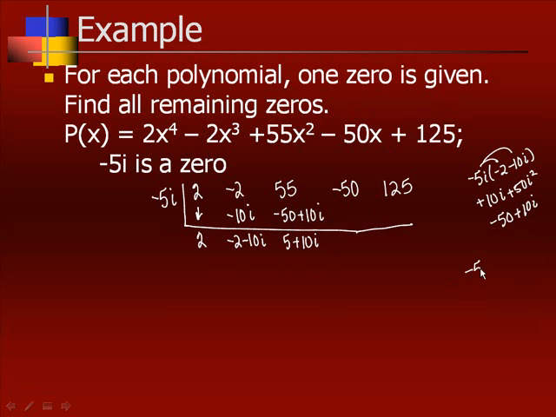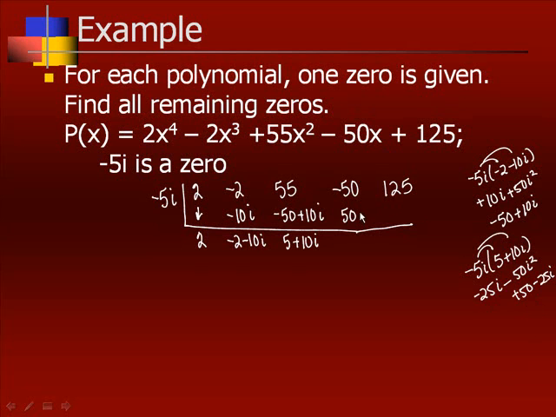Now when we multiply this time, we've got negative 5i times 5 plus 10i. So that would be negative 25i minus 50i squared, but minus 50i squared would be plus 50, so we'd have 50 minus 25i.